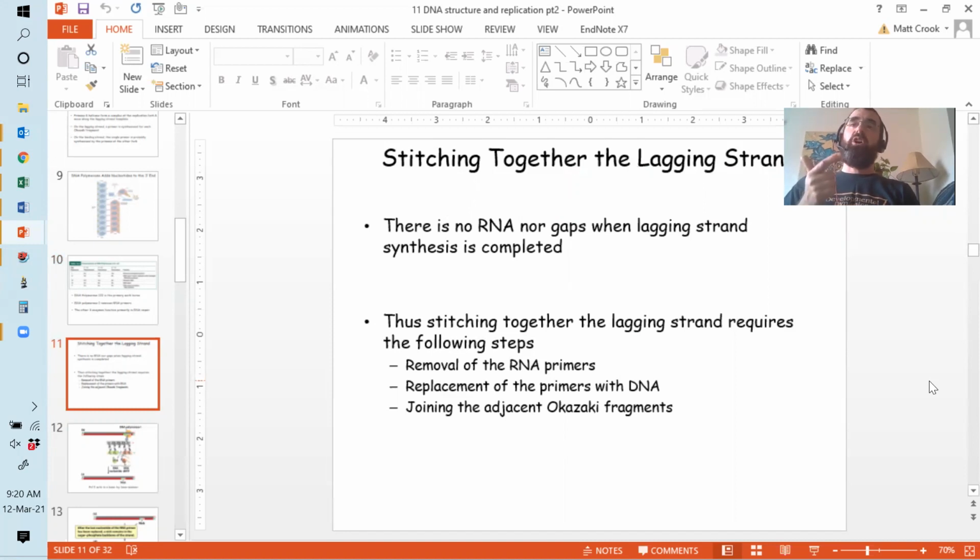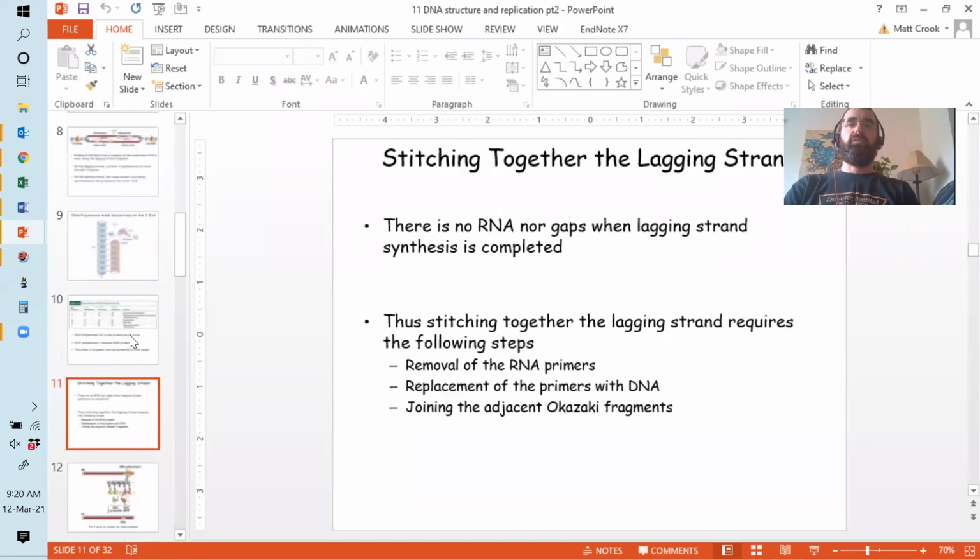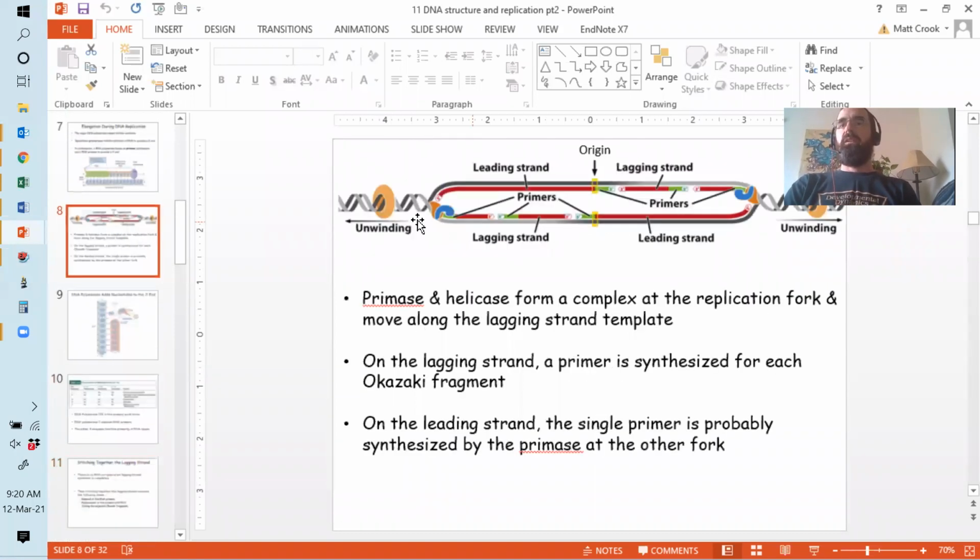those fragments are not stitched together. So in these lagging strands, these Okazaki fragments have a gap in the backbone. Not in terms of whether or not bases are present, because every single base on the template strand, the gray strand here, has a complementary base next to it.